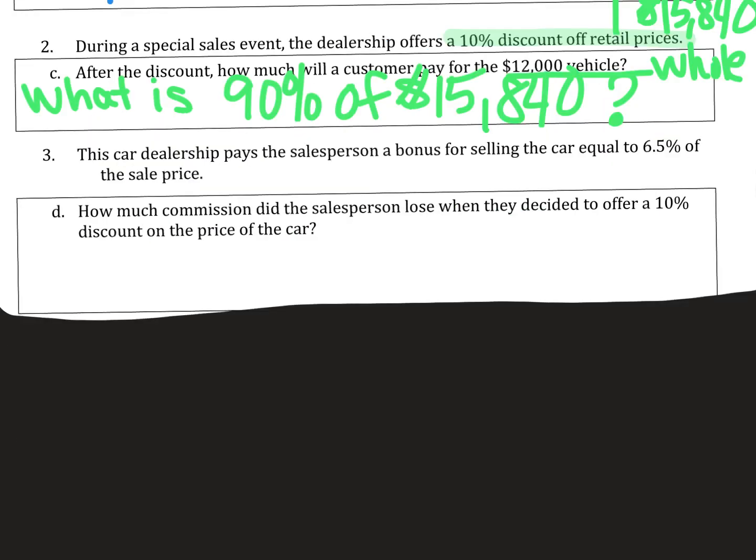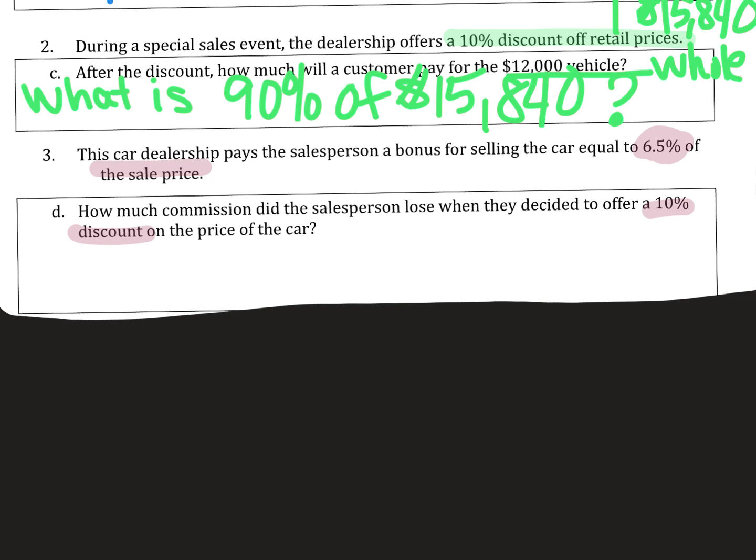Moving on to the third part of this section, the car dealership pays a salesperson a bonus for selling the car. In other words, their commission is 6.5% of the sale price. Now, how much commission did the salesperson lose when they decided to offer that 10% discount on the price? So think about what this means.